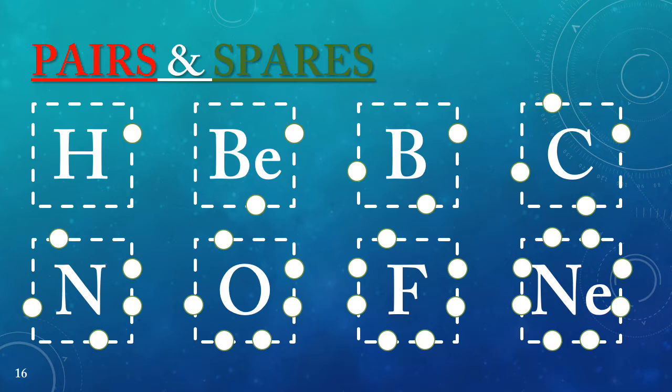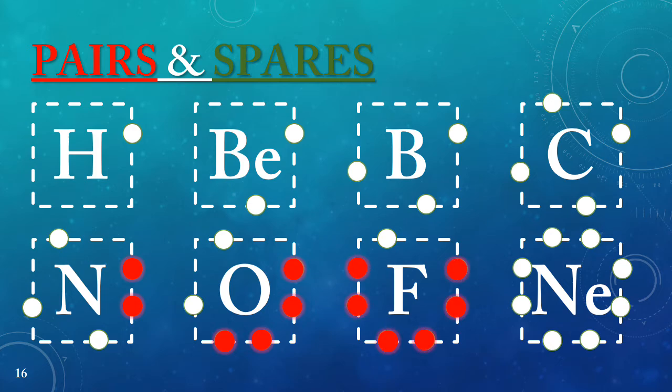So the first 4 do not have any pairs. And then we go to nitrogen. Oxygen is going to have 2 pairs. Fluorine is going to have 3 pairs, and then neon, as we'd expect, has 4 pairs. It's a noble gas. It doesn't make bonds with anybody because it's already happy. So neon's already happy.